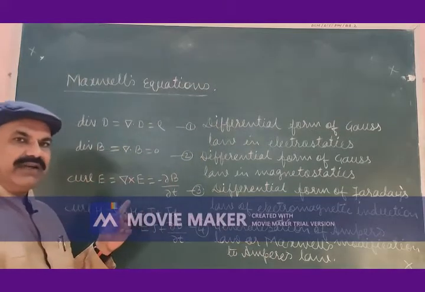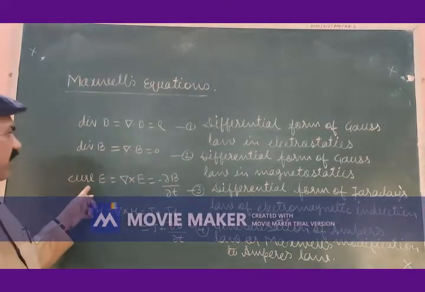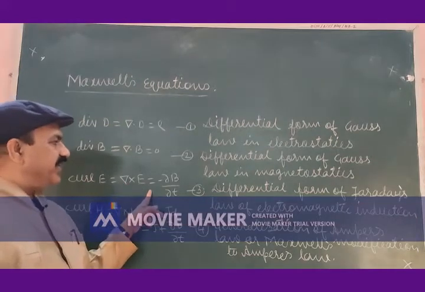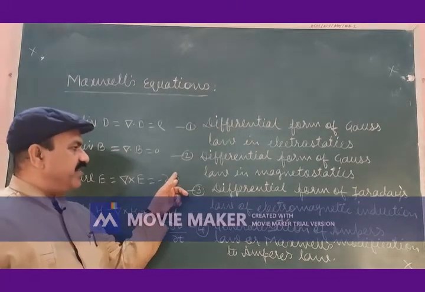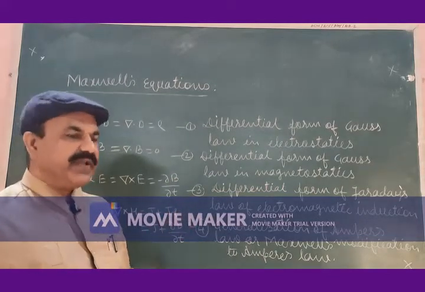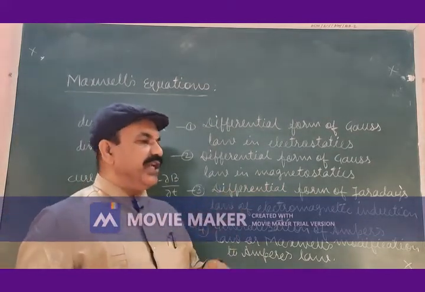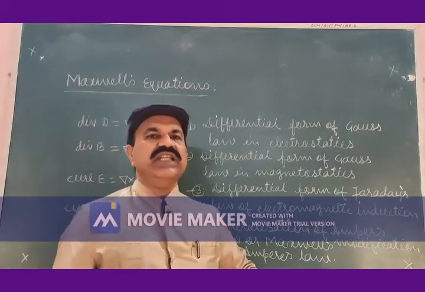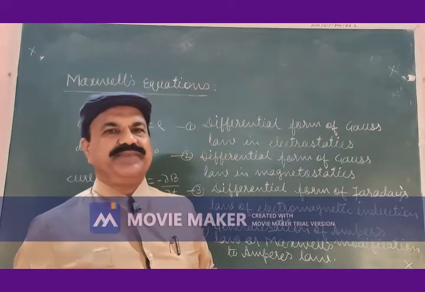Come to the third one. Curl E is equal to del cross E is equal to minus dou B by dou T. Equation number 3. This is differential form of Faraday's law of electromagnetic induction.